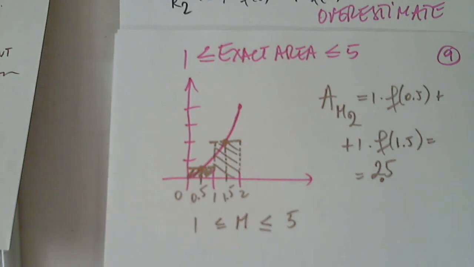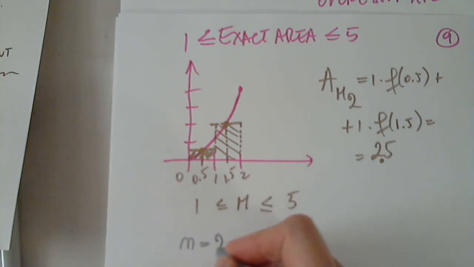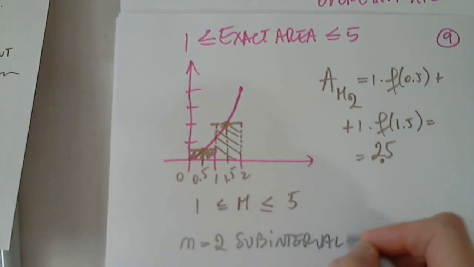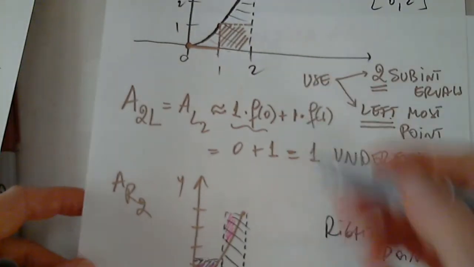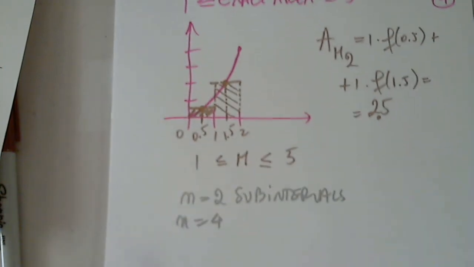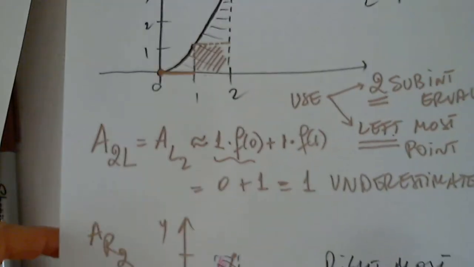Okay, here's my next question for you. Let's suppose in this case we used 2 subintervals. For simplicity, we're never going to use 2 subintervals, but the reason why I wanted to use 2 subintervals is because it's easier to explain what I'm doing. But now if I increase to 4, I will have 4 areas.